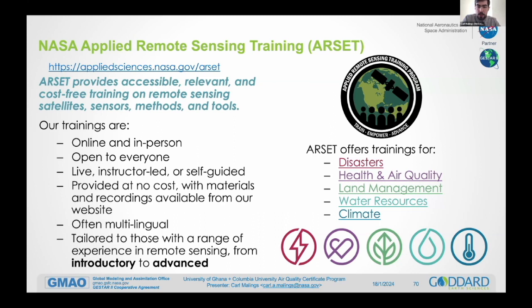You can see health and air quality is one of those application areas. So I'd say this is a very good resource to go to if you want to learn more about using satellite data and you want to start using satellite data for these specific types of applications.